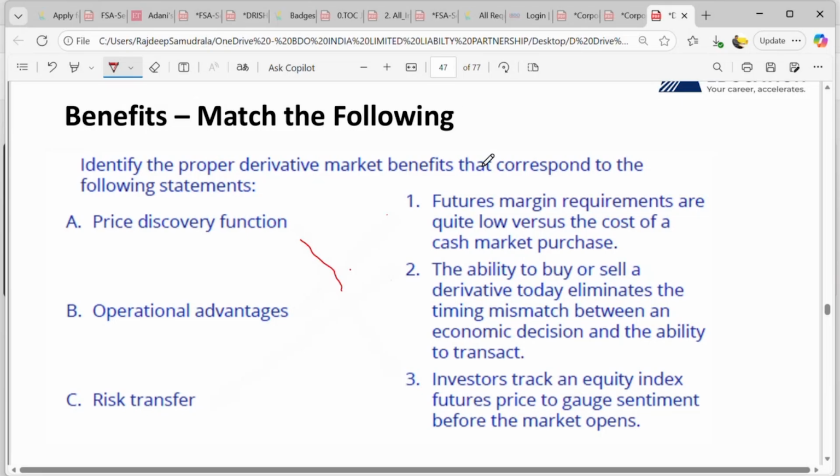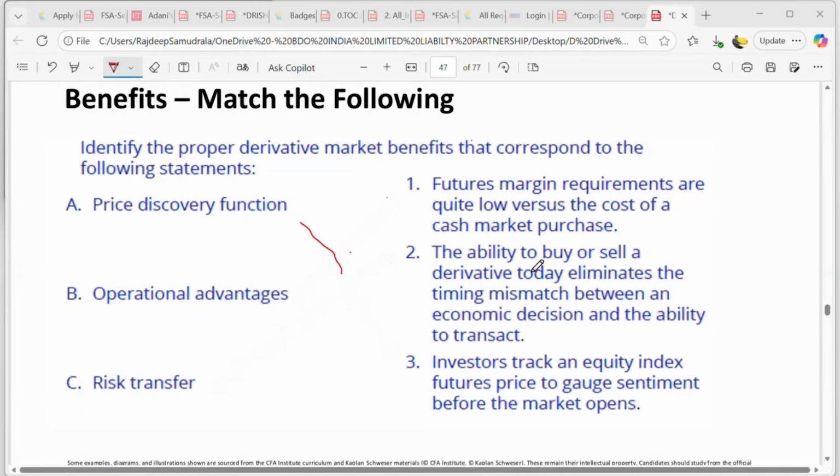The first one says price discovery function. So what does price discovery mean? It means you're able to discover or know the price, correct? So which of these options says that? The options talk about costs being quite low compared to the cost of purchase, the ability to eliminate the time mismatch, and investors tracking the index price to gauge sentiment.